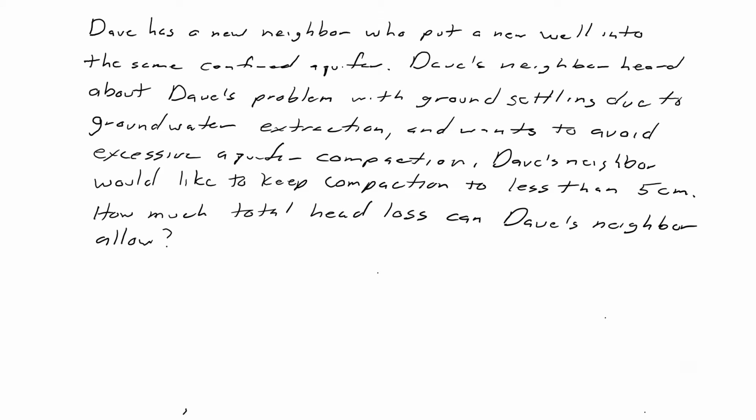So what we're going to use, again, is our aquifer compaction equation, which is here. I'm just going to write it down and then we can discuss it. So there's the equation there.